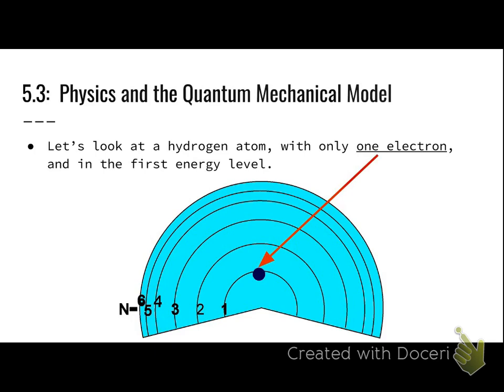If we look here, we have a basic representation of the atom showing our energy levels as rings. On our first energy level, we have an electron. We're assuming that this is a hydrogen atom because we only have one electron present in our atom. Since this electron is in the very lowest energy level, we would say that this is in its ground state.